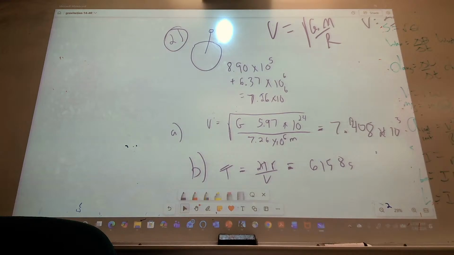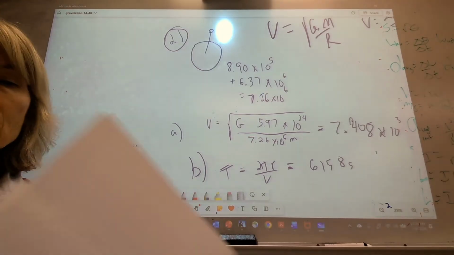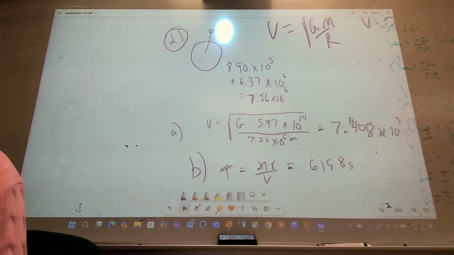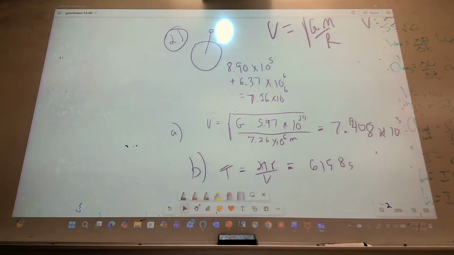Now in 23, one way to do it is to get the mass. You can avoid that if you just work with the algebra equations. Two satellites are in circular orbits around a planet that has radius 9.00 times 10 to the 6 meters.